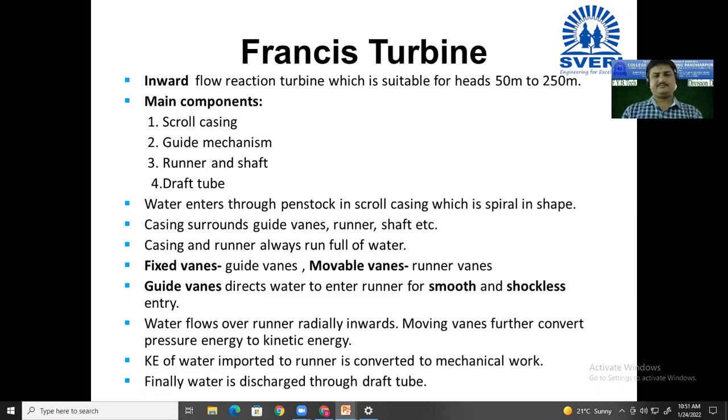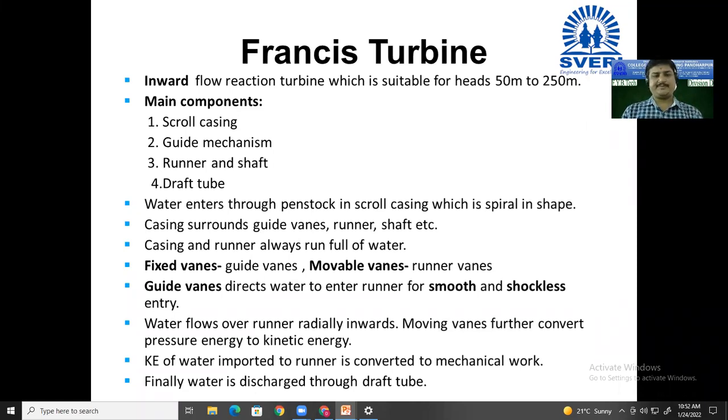Next point. Main components. Number one, scroll casing.